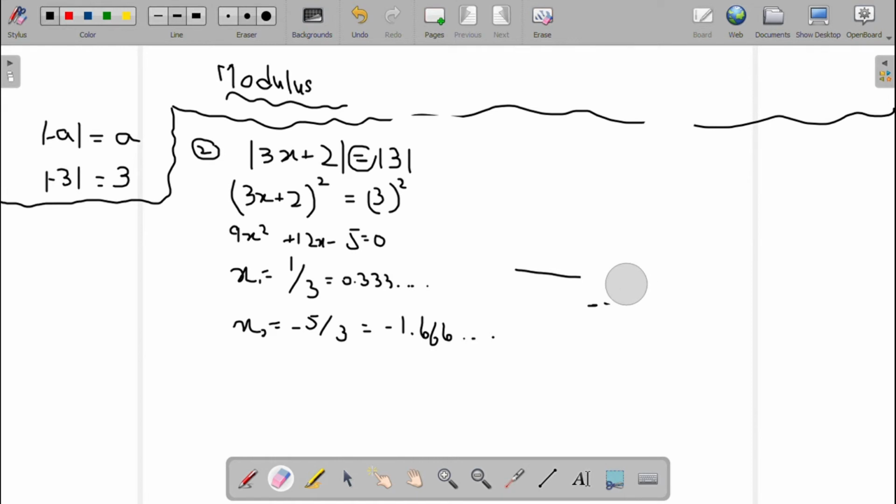What you have to do is check the validity of the roots, like we did in the first rule of this modulus. Just put these roots into this equation. If they are equal, they are accepted.